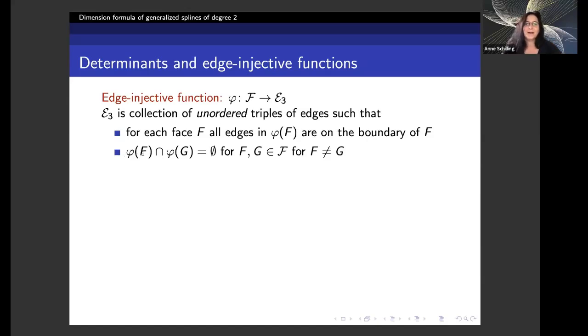So the images of 2 different faces should have empty intersection. Really, you can think of it as having your graph and your faces, and for a given face, I pick 3 edges that are associated to this face. For the next face, I associate 3 other edges, such that I never pick an edge for 2 different faces. That's basically what this is saying.